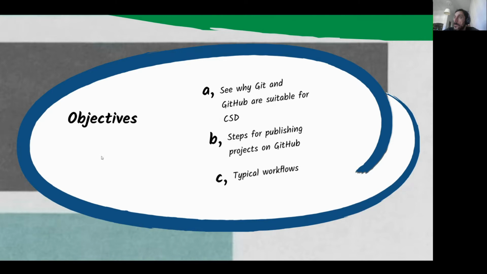One important thing that Git and GitHub offers is a very easy and accessible way to make a project open source.